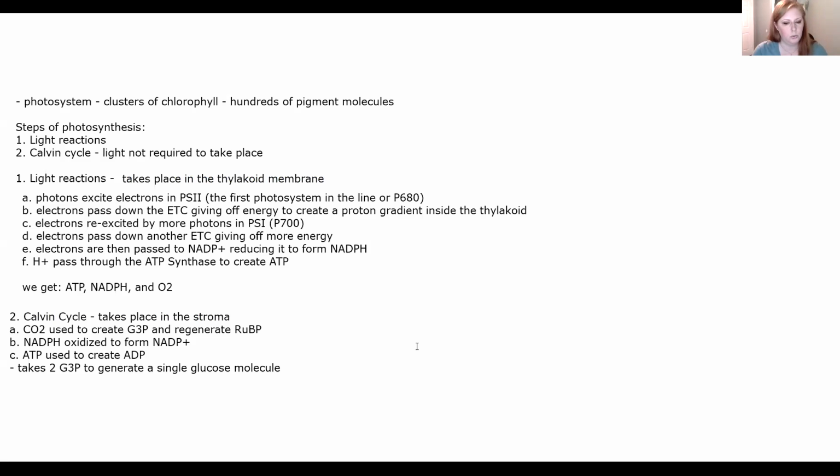So if you run out of the products of what our producers make, there's nothing to power cellular respiration in the consumers. And you can see that life on Earth would shut down, okay? It's one of the things that they think may have happened with dinosaur extinction.